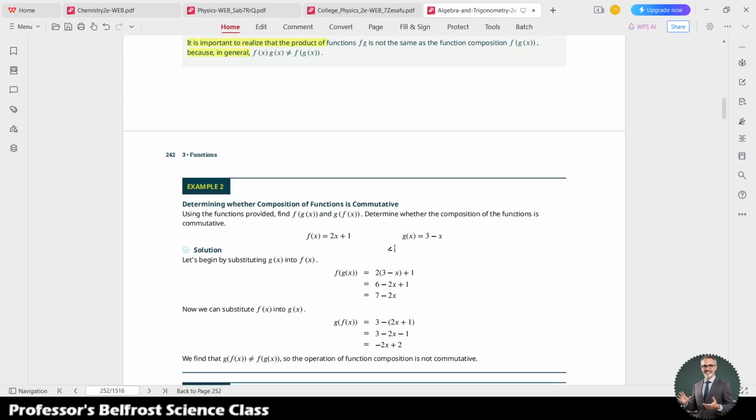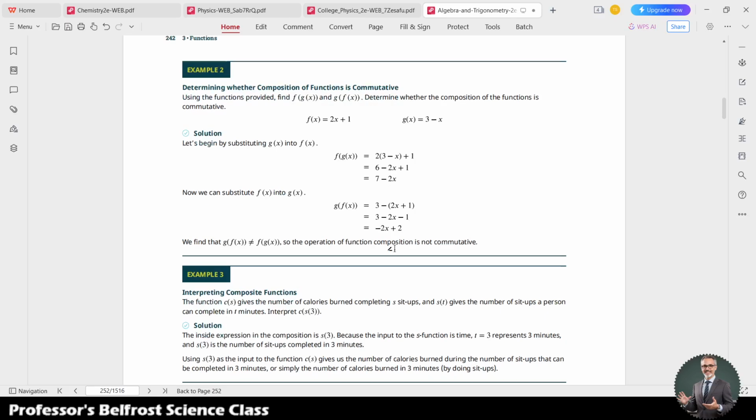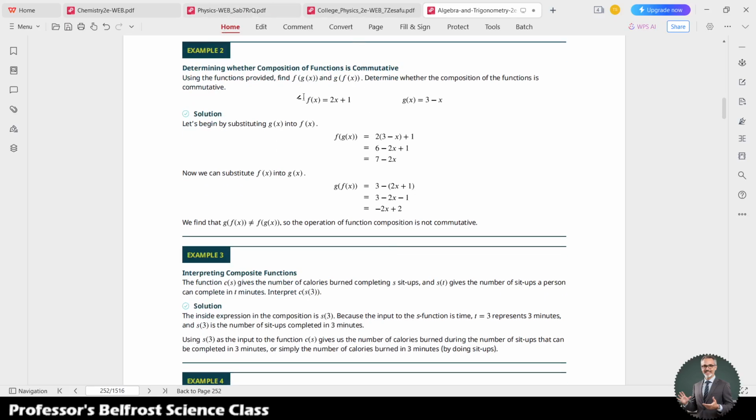Okay, let's dive into the next example. Using the functions provided, find f(g(x)) and g(f(x)) and determine whether the composition of functions is commutative in this case. So f(g(x)) is 2 times (3 minus x) plus 1, so 6 minus 2x plus 1, so 7 minus 2x. But with g(f(x)), it is 3 minus, in brackets or in parentheses, it's up to you, (2x + 1).